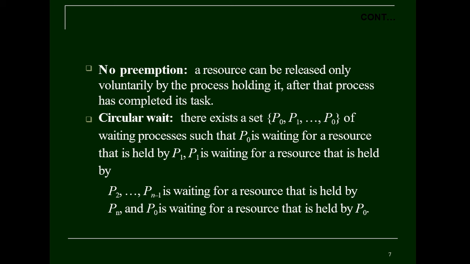Then last is circular wait. A circular chain or circular relationship exists among the processes involved in the deadlock. In this chain, each process waits for the resource that is held by another process in the chain.